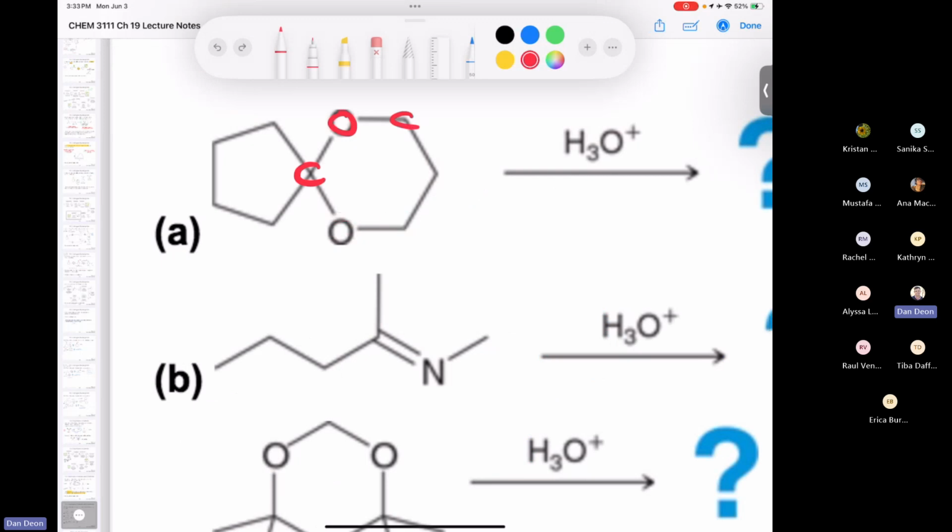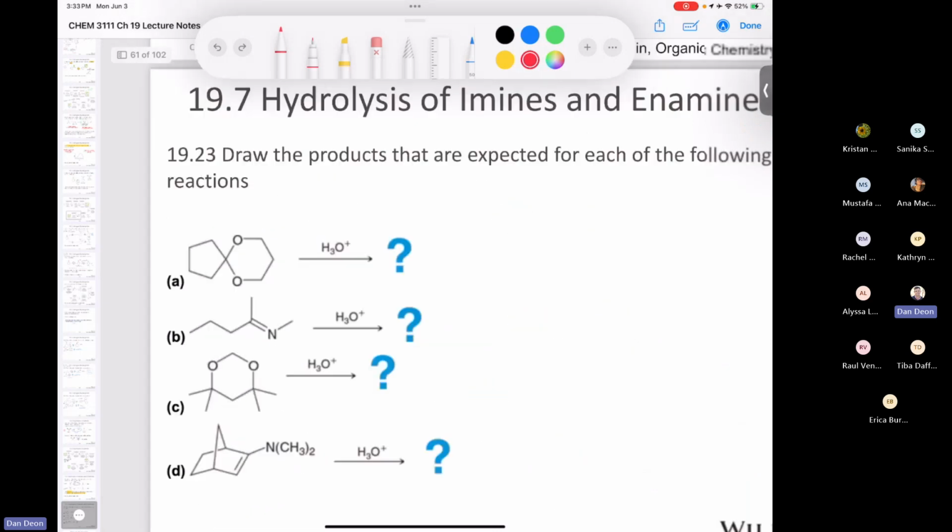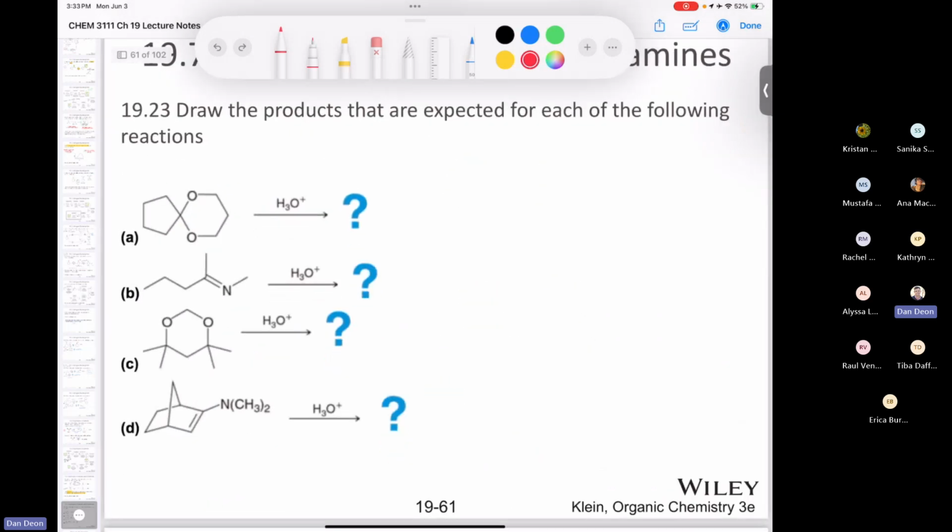So if I put it in aqueous acid and hydrolyze that, what am I going to get? I'm going to have my 5-membered ring, but instead of being attached to 2 oxygens through 2 single bonds, it's going to be attached to 1 oxygen through a double bond. And then my alcohol is going to be the 1, 2, 3 carbons. So it's going to be this diol, 1,3-propane diol.